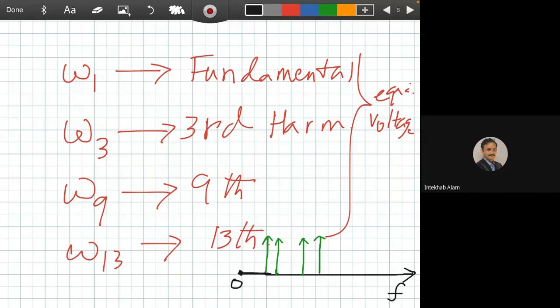All the voltage levels are the same, and they are producing in this fashion, omega 1, omega 3, like this. Okay, so next, when we go for the next one, with the fundamental frequency we have XL1, and for the third harmonics, this will be 3 times XL1.